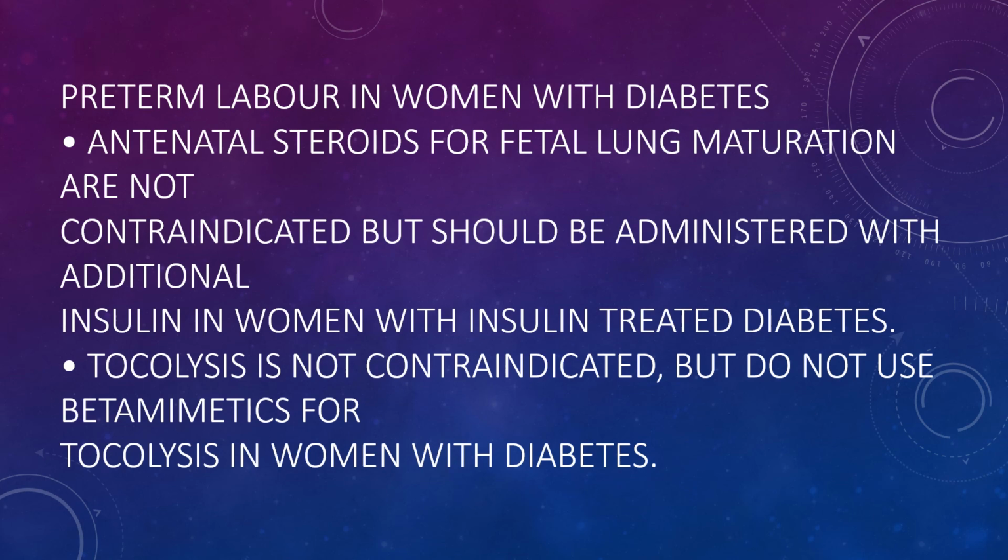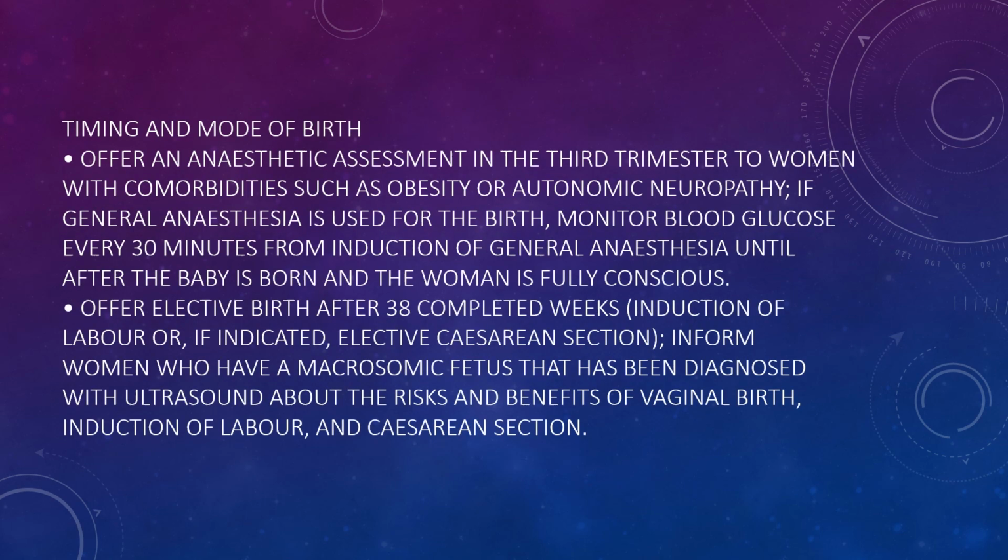Why should we monitor the patient taking antenatal steroids? Because antenatal steroids will exacerbate the hyperglycemia, and the patient may need admission or hospitalization for better control of diabetes. Tocolysis is not contraindicated, but do not use beta-mimetic drugs for tocolysis in women with diabetes.